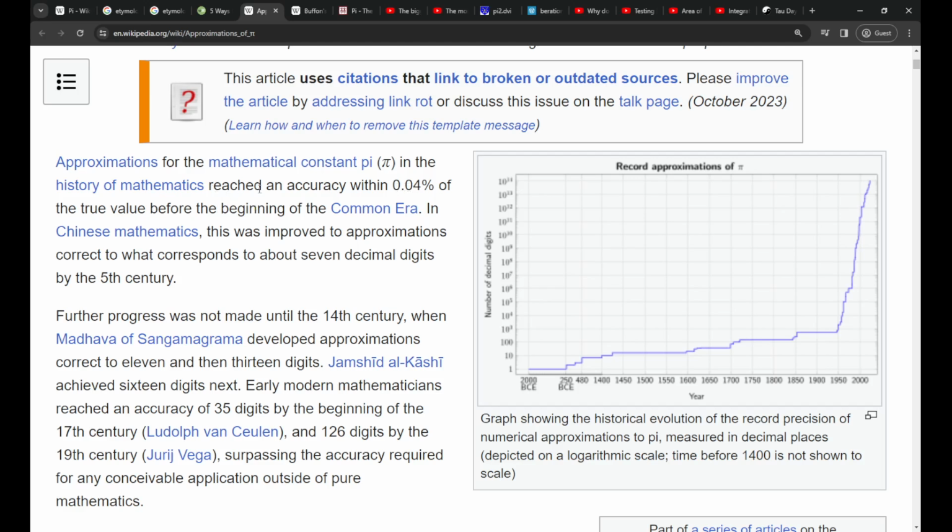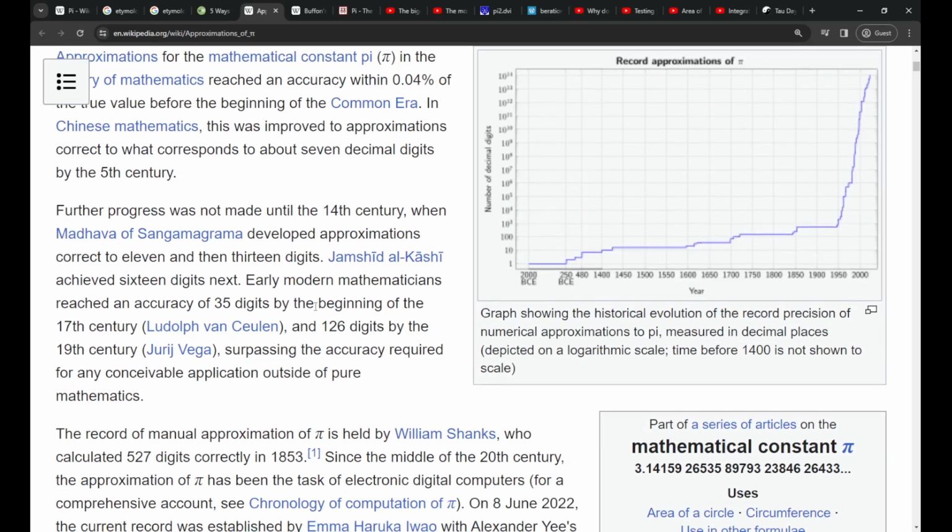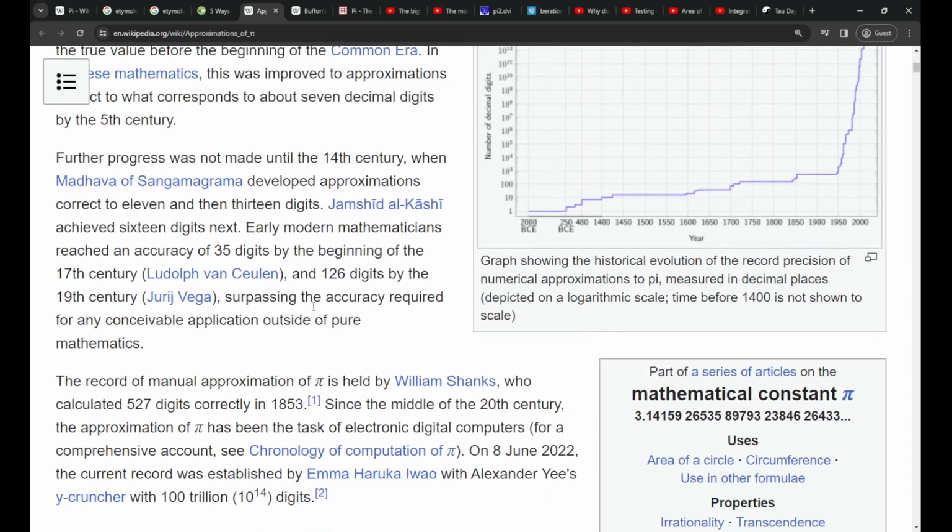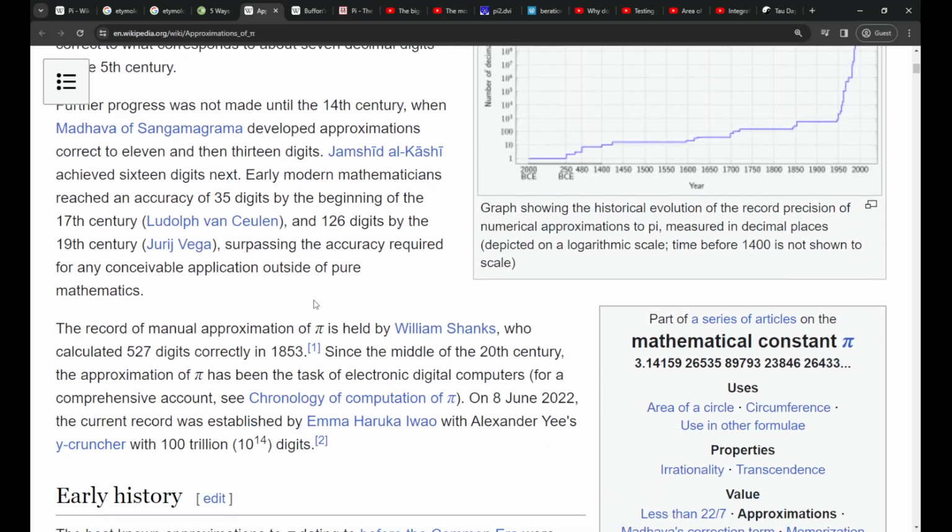Oh, reached. Okay, sorry. Reached an accuracy of within 0.4% of the true value before the Common Era. And it's not just the Greeks either. The ancient Chinese people were able to approximate it too, and Indian people as well. So that's probably not something that I thought of before. I probably should have.